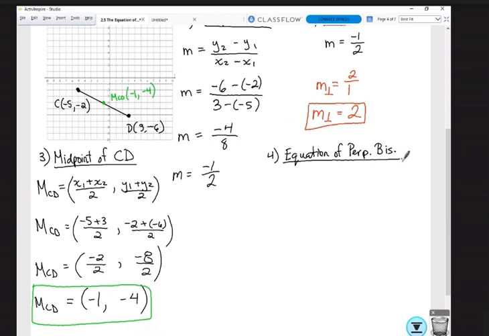I'm going to grab the information that we know. We know that our perpendicular slope is positive 2. We know that our midpoint of CD is -1, -4. So we're going to take this information and plug it into y equals mx plus b.